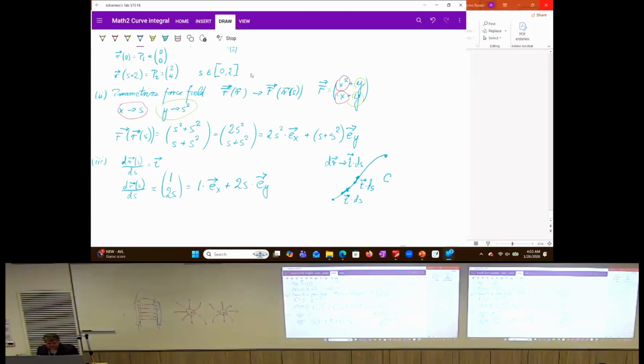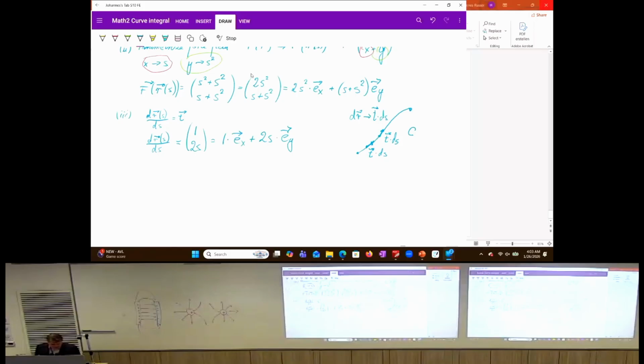So you follow this curve, divide it into small segments, and take the tangential element to the curve in each of these segments.